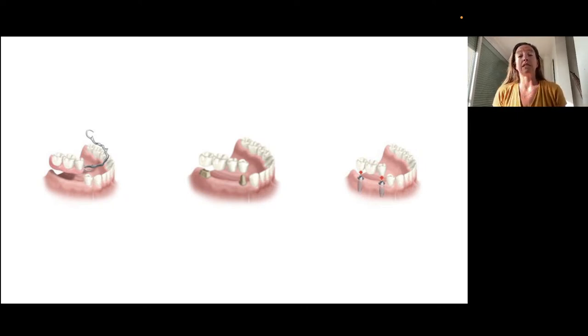Second solution is a bridge, a 3-unit bridge or a 4-unit bridge in this case, because we are talking about partial cases. So when two teeth are missing, and when the neighboring teeth have the need of a fixed crown, as you can see in the figure in the middle, then of course you can do a bridge.